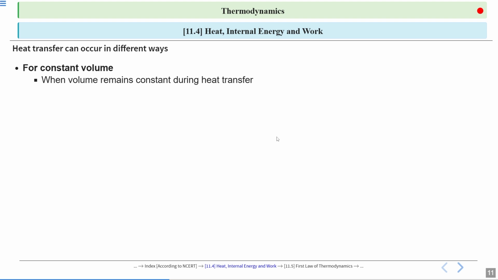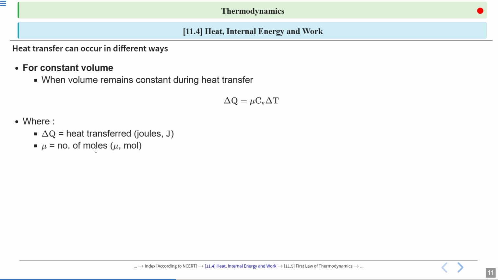So in that case, delta Q is equal to mu Cv delta T. Where delta Q is equal to heat transferred and measured in joules, unit capital J. Mu is the number of moles, measured in mol.